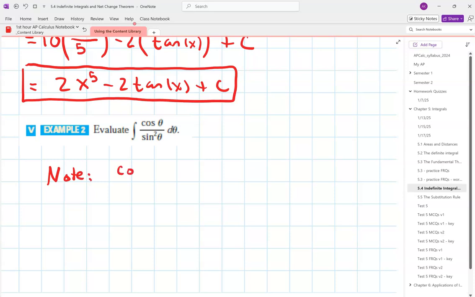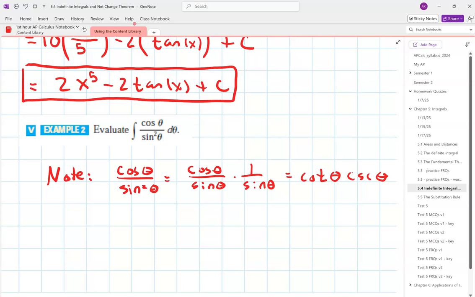I am going to take this trig expression and I'm going to think about it as that, and that's what I'm really going to be integrating, because that does look like something I have an antiderivative formula for, right?